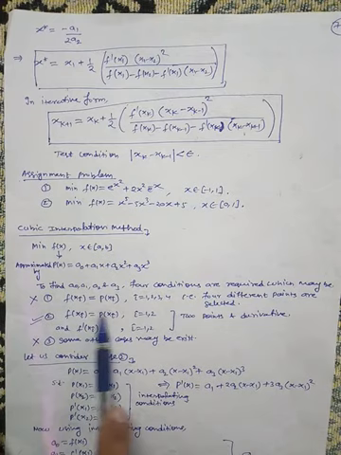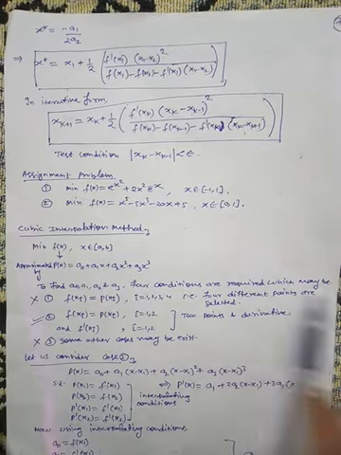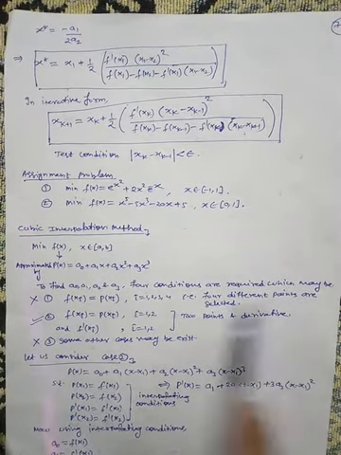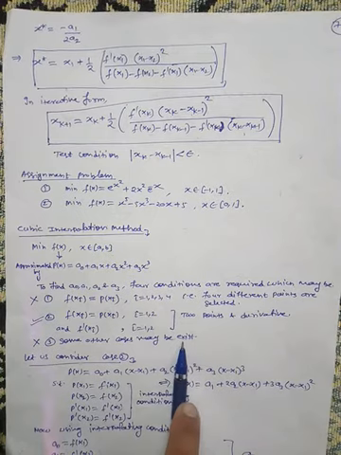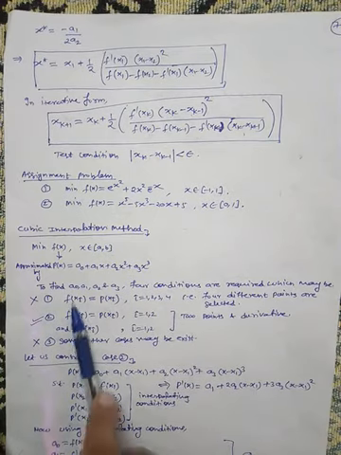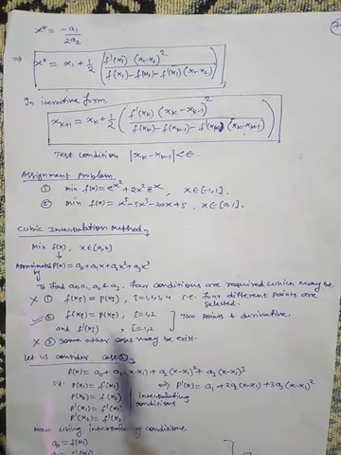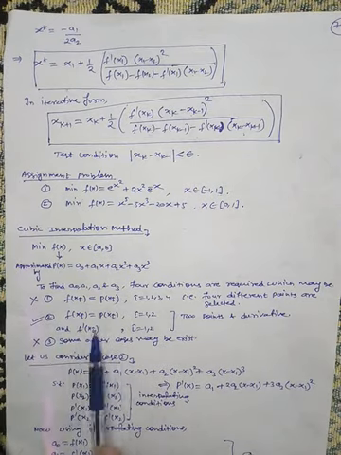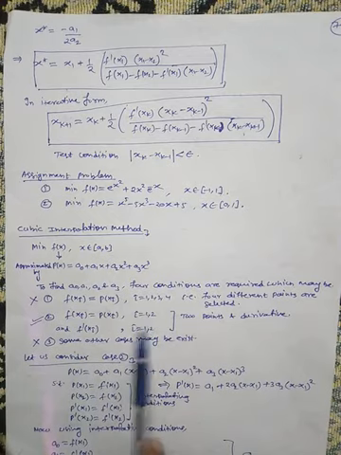So 2 plus 2, that means 4 conditions, and here we need only 2 points. However, in the first case we need 4 points. The third one may be some other cases. Among these 3, we will follow the second one, that means 2 points are given and derivatives are also given at these 2 points.